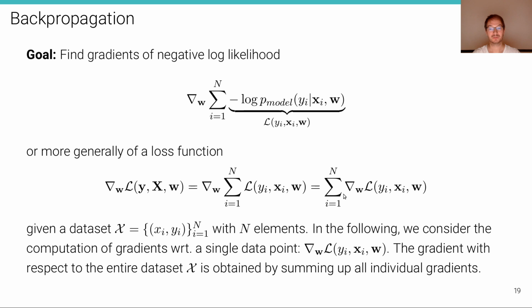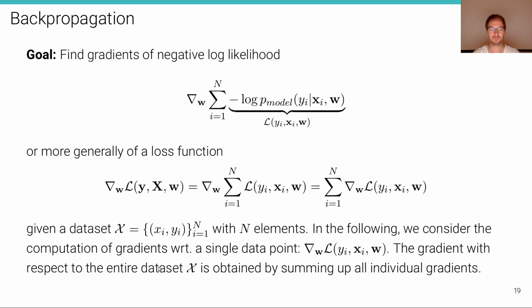And then we sum up element-wise these gradient vectors over all the data points in order to obtain the gradient vector with respect to the total loss function over the entire data set. And once we have that, we have found the gradient, we can take a step into the gradient direction, which is called gradient descent.